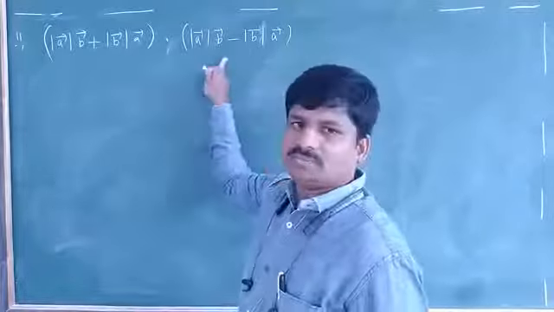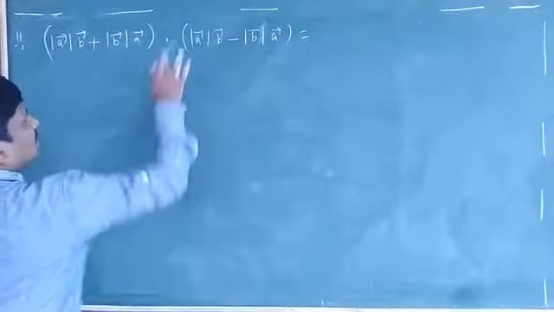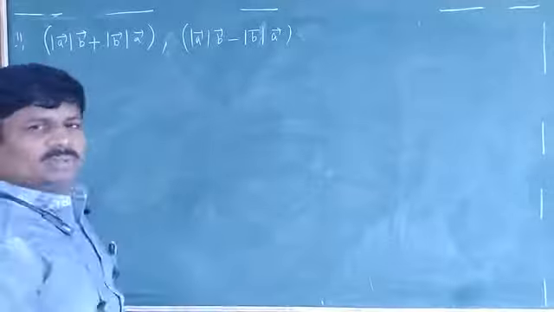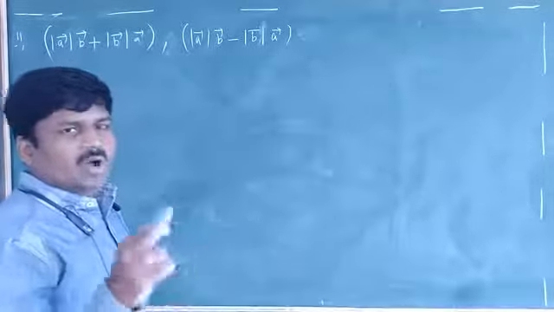So take the dot product and multiply them. So I will write these two vectors are given. Now I am going to multiply these two vectors. Multiplication means dot product I am going to find. That dot product we have to prove is 0.